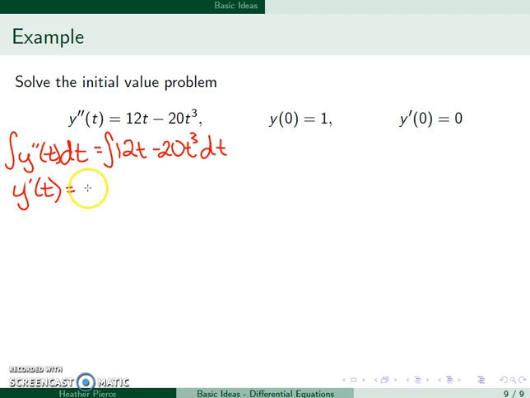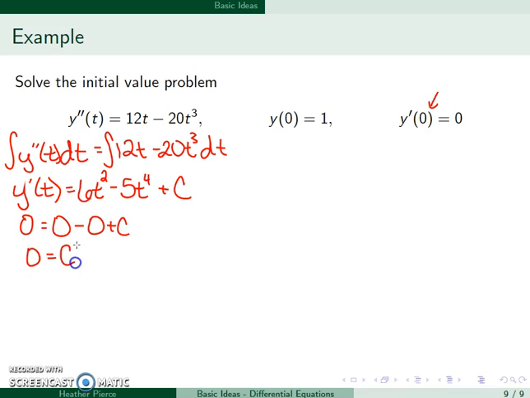The integral of 12t, we add 1 to the exponent and then divide by that number, so 6t squared, minus, adding 1 to the exponent gives me 4, dividing by that number, minus 5t to the 4th, plus c. We can now use the second initial condition to figure out what c is. So this thing should be equal to 0 when t is equal to 0. So we can see that this happens when c is 0.